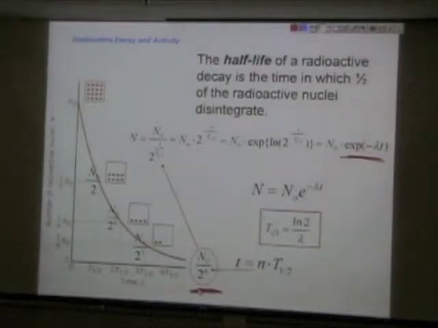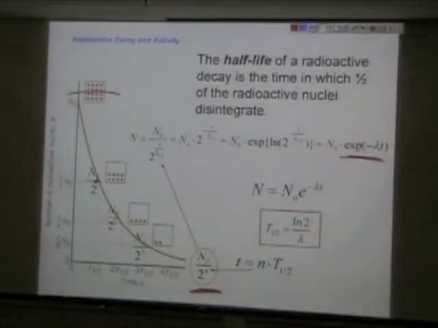We know that, by definition, half-life is the time we have to wait to get only half of the initial amount of radioactive elements left. So the same graph, exactly the same graph, we could read differently.